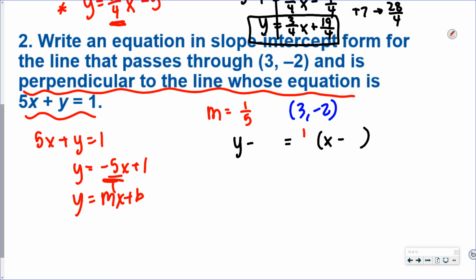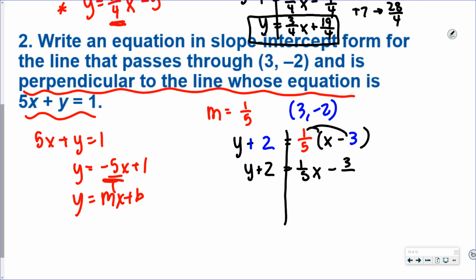All right, 1/5 is the slope. y minus y1 is -2, so minus -2 is +2. x minus x1 is 3. And then we can go ahead and put this in slope-intercept form by solving for y. Okay.